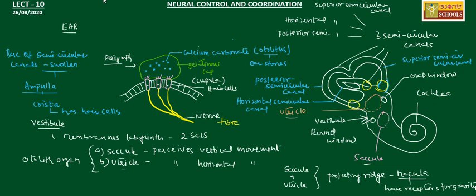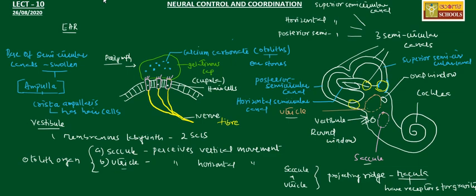As I said, the base of the semicircular canals is swollen, and that swollen part is called ampulla, and that ampulla contains crista. Its full name is crista ampullaris, and it has hair cells arranged in this manner.